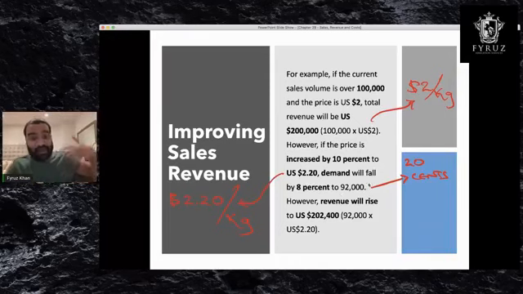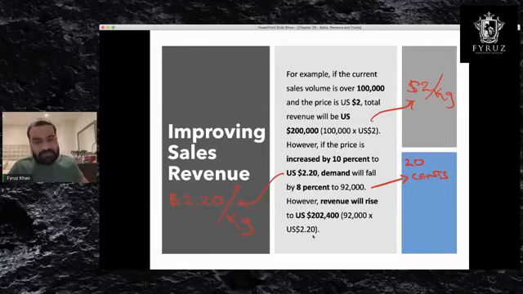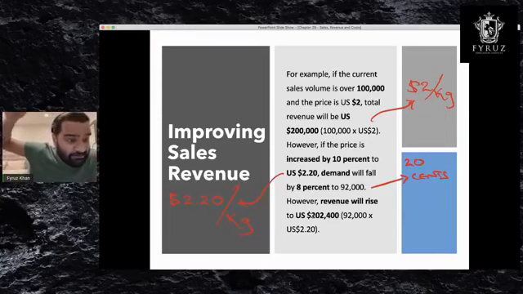But when you do the end calculation, the total revenue is more than before. Before it was $200,000, but now it's $202,400. So even if you increase the price for essential goods like onion, your revenue will not be impacted so much. The demand will not be impacted so much, right?